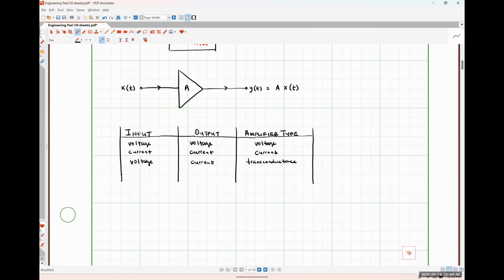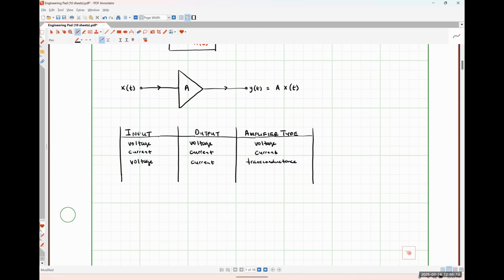Single stage transistor amplifiers are all transconductance amplifiers because a transistor being used as an amplifier converts some input perturbation or voltage into an output current. So all transistors effectively work as transconductance amplifiers.